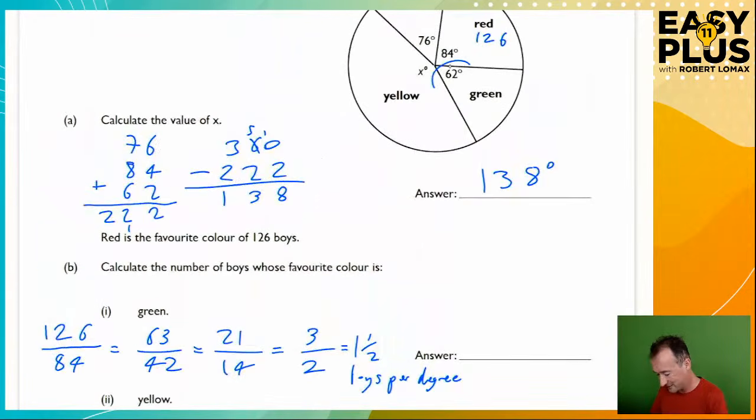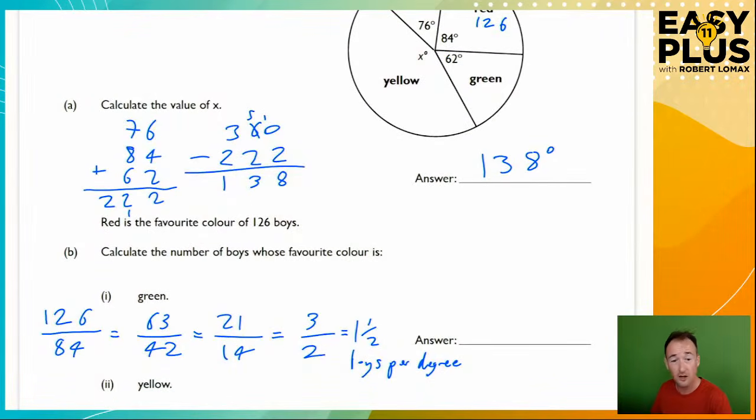Green is 62 degrees. So we just need to do 62 times 1.5. So the number of degrees multiplied by the number of boys per degree. You can do it as times 3/2 if you want.